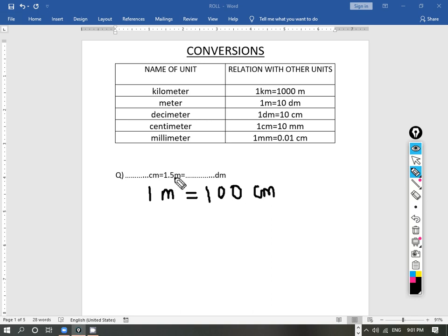So 1.5 meter equals how many centimeter? 1.5 meter will be equal to 100 into 1.5, which is 150 centimeter.